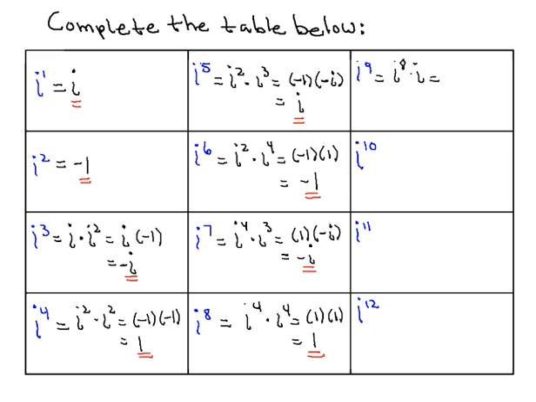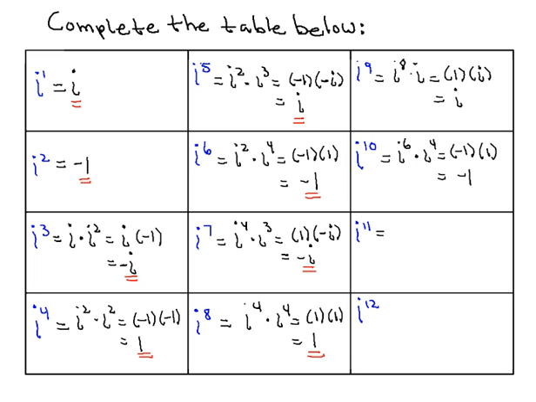And i to the eighth, we see from the bottom of the second column is equal to 1, then times i, and the result then is i. i to the 10th, we could think of as being i to the sixth times i to the fourth. i to the sixth we know is -1. i to the fourth we know is +1, so the result turns out to be then -1.